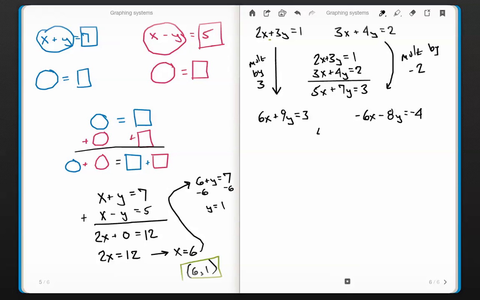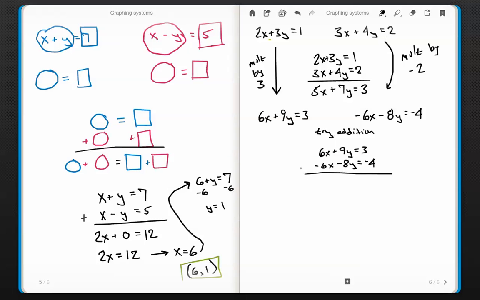Now I'm going to try this addition again. I'm going to add my two new equations together. I've got 6x plus 9y equals 3, and negative 6x minus 8y equals negative 4.